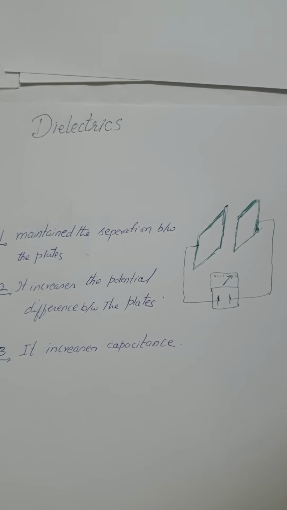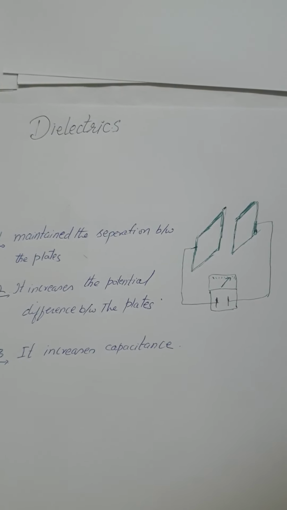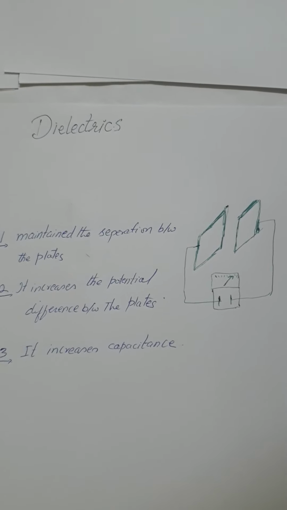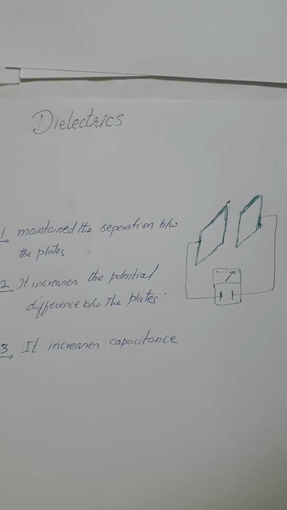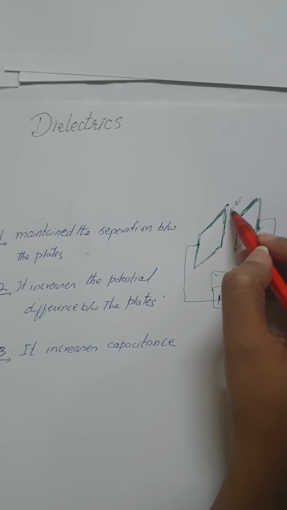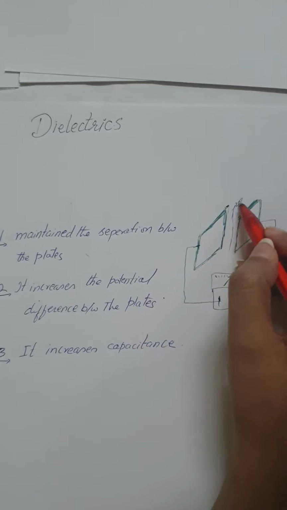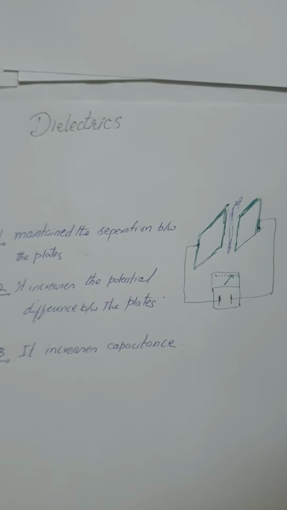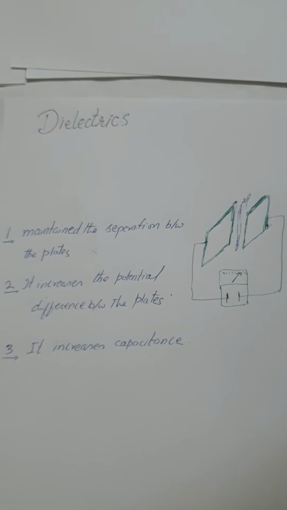For specific dimensions of a capacitor, the capacitance becomes higher when the dielectric material is placed between the plates. For example, there is a vacuum at the moment, but if some dielectric is placed in between these metal plates, then the capacitance becomes higher.